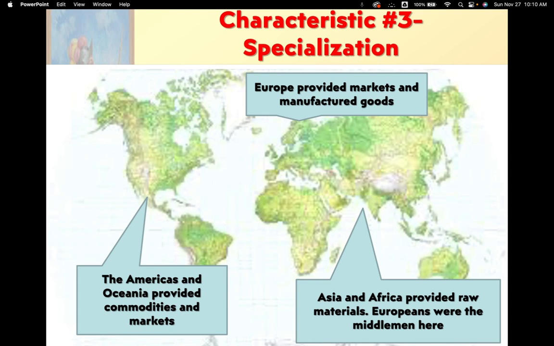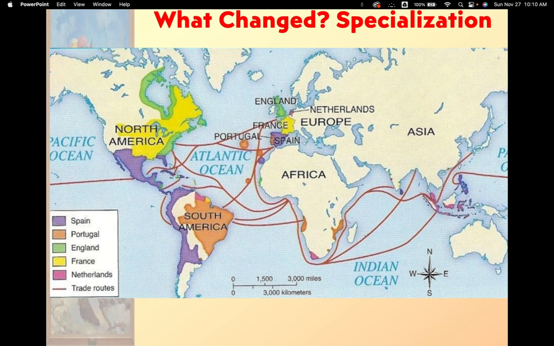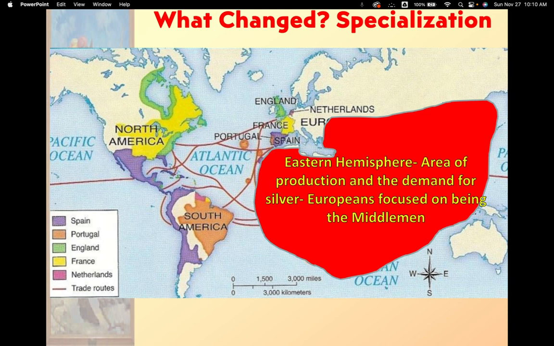Europe provided the markets and also manufactured goods to trade in Africa and Asia that provided raw materials such as spices, cotton, pepper, tea, silk, and slaves to be used in the Americas that provided cash crop commodities such as tobacco and sugar and also provided markets. So when we look at the specialization of the world, the Eastern Hemisphere becomes an area of production and demand for silver.